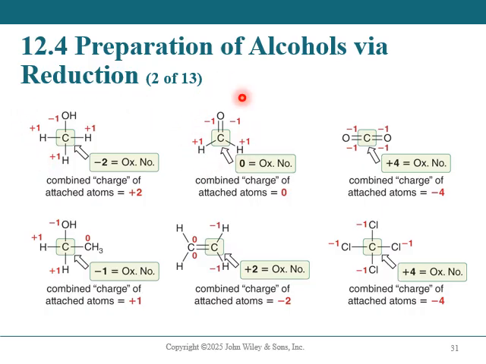When we look at this molecule right here, then the oxidation number changes a little bit. Oxygen is a -2, hydrogen is +1, so +1 and +1, -2. That already neutralizes the whole thing. Carbon has an oxidation number of 0. So this is just a way for us to figure out what the oxidation state is, and you can see we can apply that to pretty much every scenario.